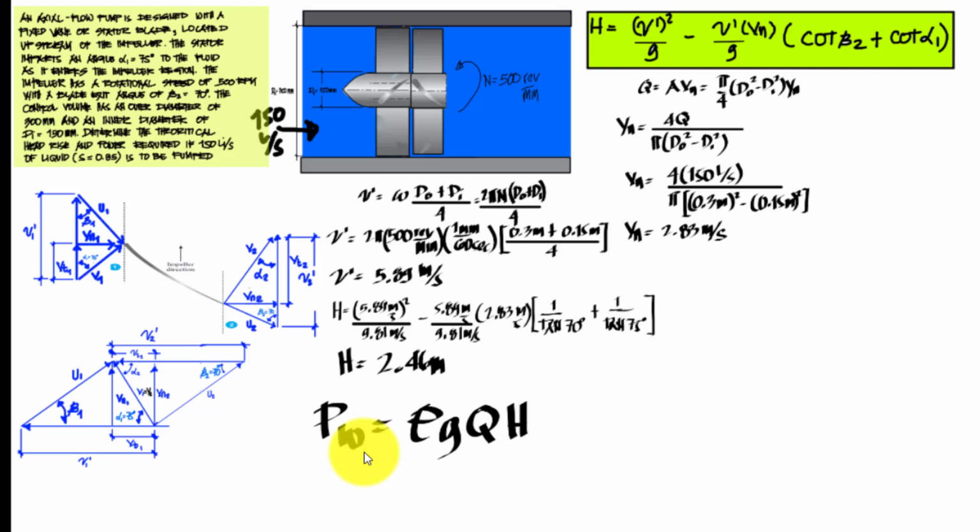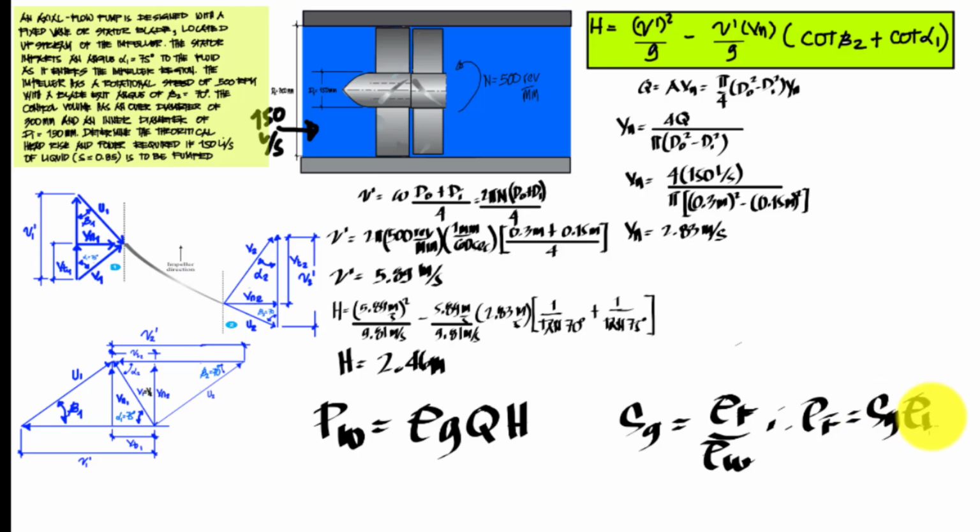Now, you will notice there that we have the specific gravity of your water. Remembering the equation for the specific gravity, Sg, it can be expressed as the density of your fluid divided by the density of your water. So the density of the fluid will be the specific gravity times the density of your water.